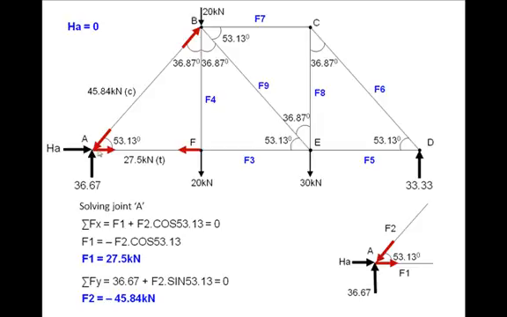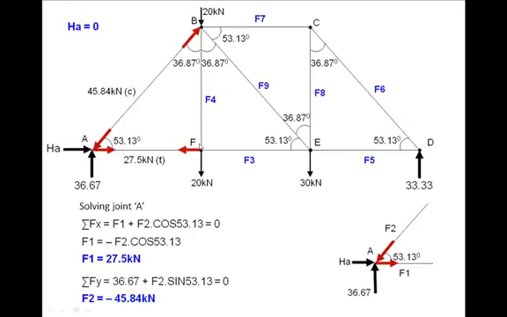Tension pulls the joint, compression pushes the joint. Tension we have indicated by T and compression by C. Now we transmit this information to the adjacent joints. It is tensile here, so it has to be tensile there. It is compressive here, so it has to be compressive there. So joint A has done for us whatever it could.